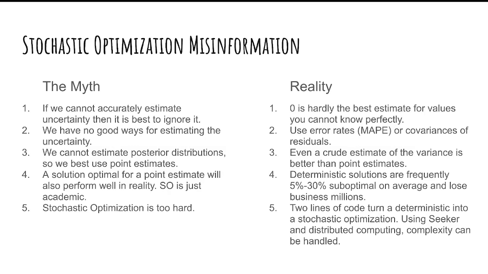A solver like Seeker greatly benefits from more cores that you can assign to it, so you can throw compute at your problem, and the complexity can be handled. The solver is super efficient in building surrogates for potential futures, for assessing what the true value is actually going to be.